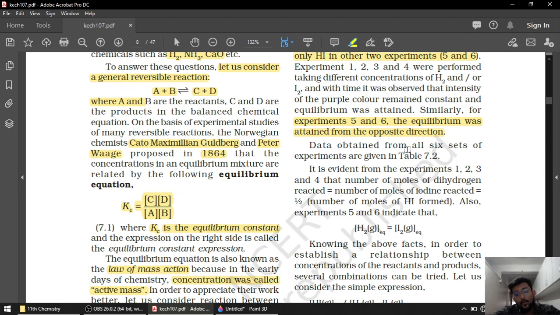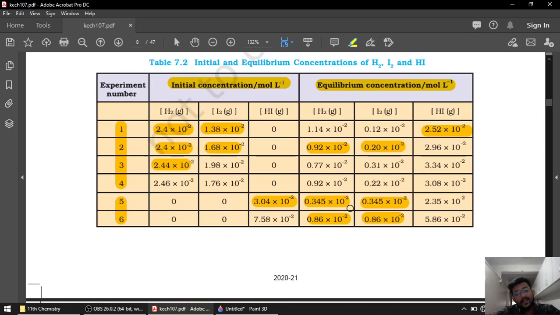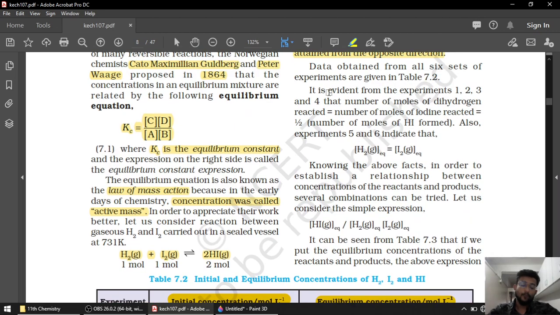Data obtained from all 6 sets is given in the table, which we have already understood. So what is the result over here? It is evident from experiments 1, 2, 3, 4 that the number of moles of dihydrogen H2 and the number of moles of iodine reacted are the same.